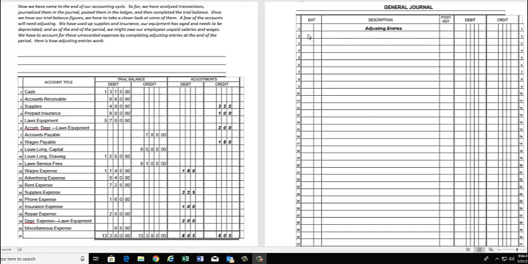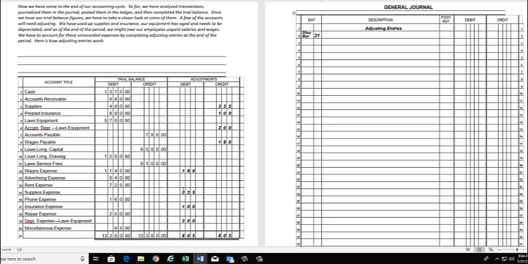Just like any journal entry, we're going to start out by entering the date. Journal entries for the adjustments are done at the end of the period, so these will be dated March 31st.